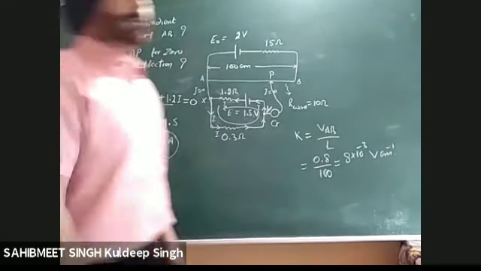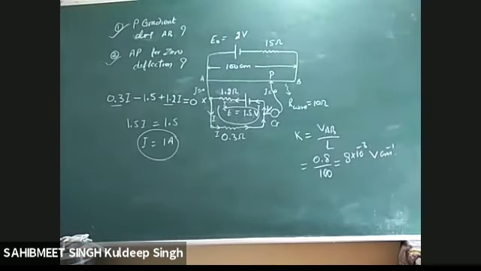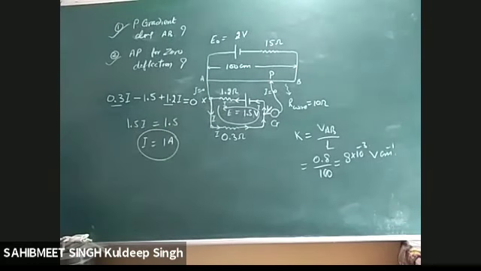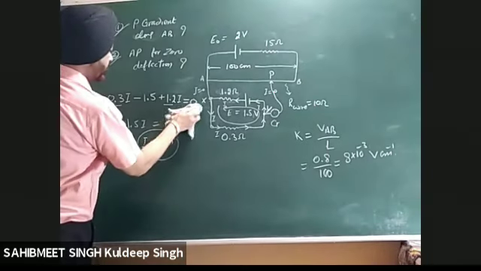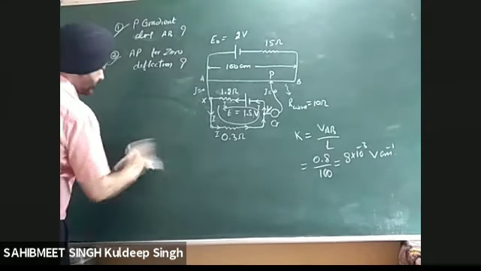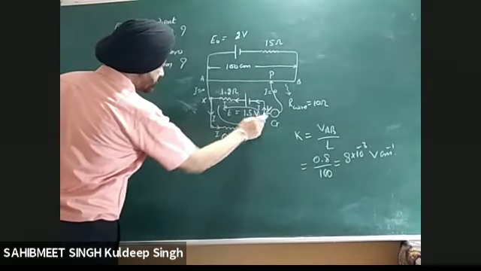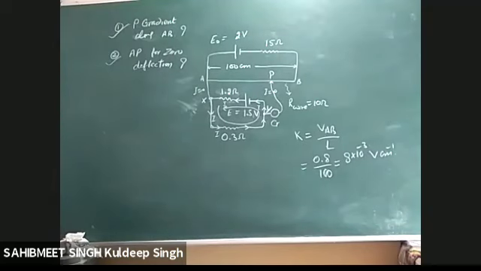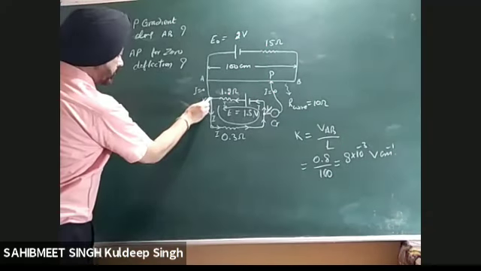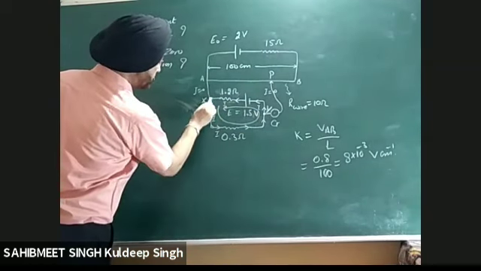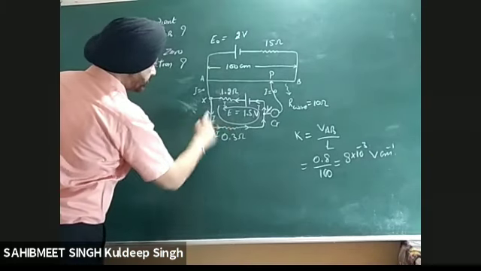And due to this flow of current, you will not get the EMF 1.5 of the cell which you are going to balance. Instead of the EMF, now you will have a potential difference. Now how will you find the potential difference? Very simple again. Start from this point X, move along the branch, and find the potential difference using a branch. The potential difference across X and Y, you may go on this side or this side, will remain the same.